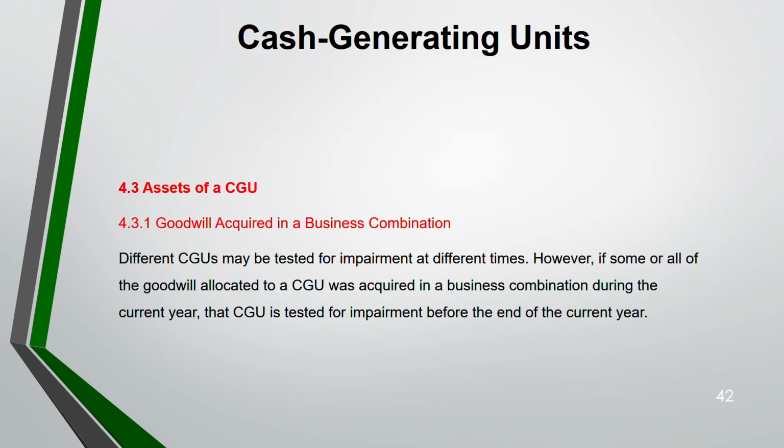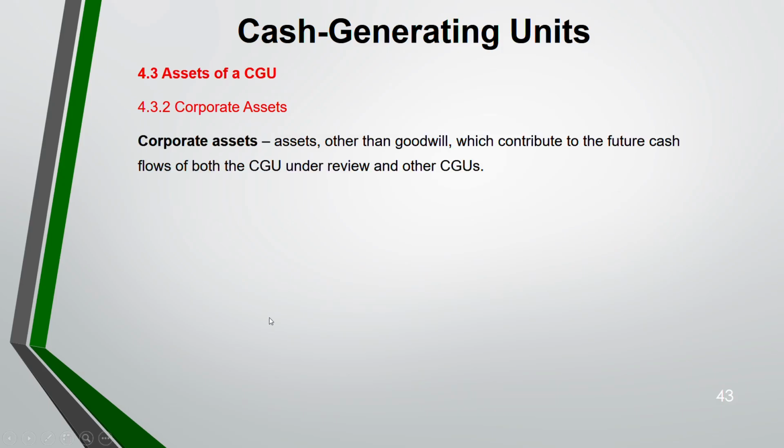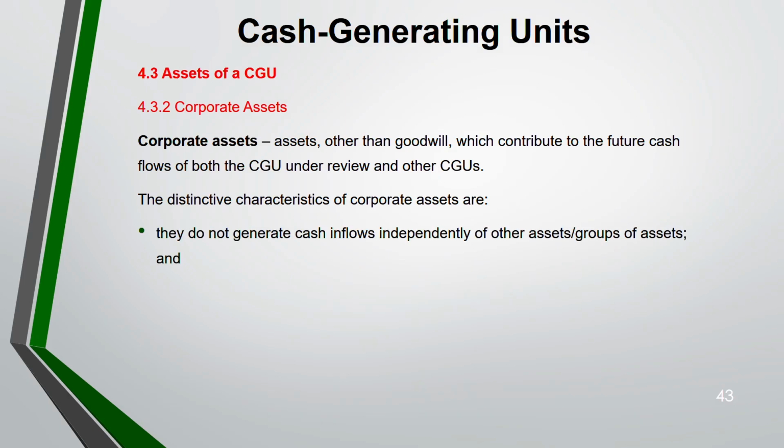That is for goodwill. Now, for corporate assets, what are corporate assets? Assets other than goodwill, which contribute to the future cash flow of both the CGU under review and other CGUs. The distinctive characteristics of corporate assets are, first, on their own they cannot generate cash inflow. Next, their carrying amount cannot be fully attributed to the CGU under review.